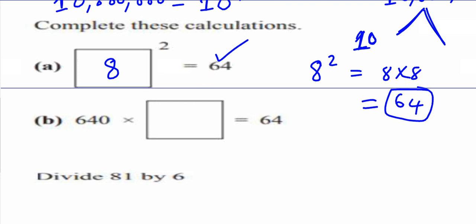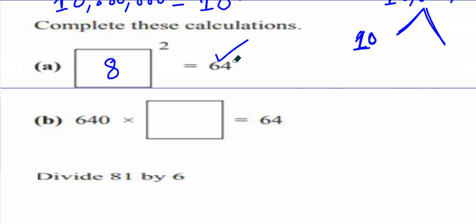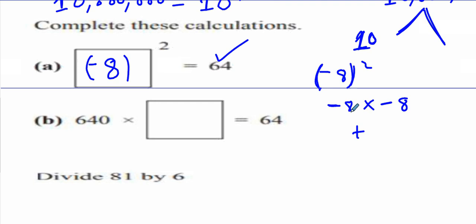Okay? How about negative 8? Put in brackets like that. So if you do negative 8 in brackets, that will be negative 8 squared. This will be negative 8 times negative 8. Negative times negative is positive, and 8 times 8 is 64.